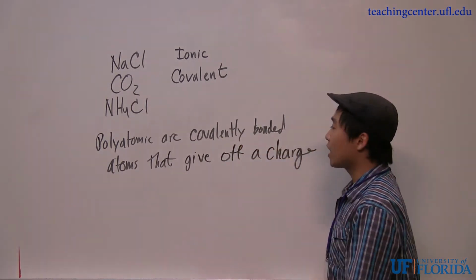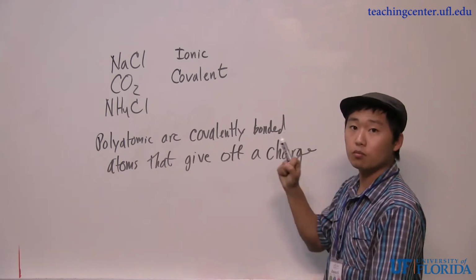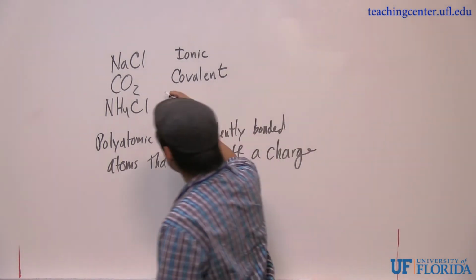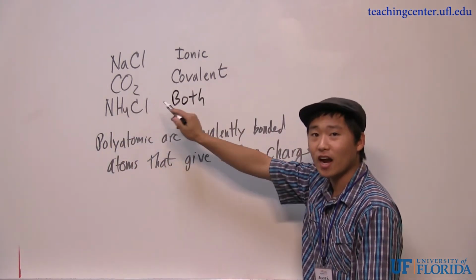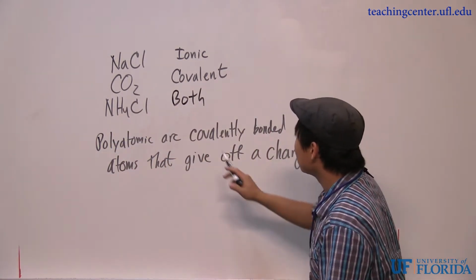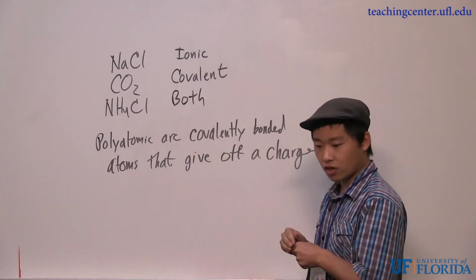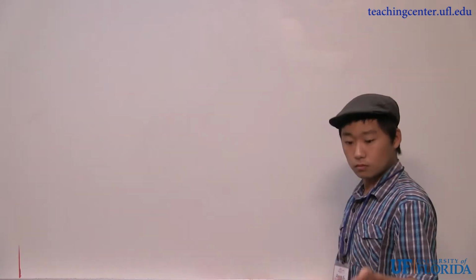So that means that NH4 has covalent bonding properties, but it's an ion. So therefore, it has both, because NH4Cl is an ionic compound, but the polyatomic is covalently bonded. So these are your answers for question 5, and that's all she wrote.